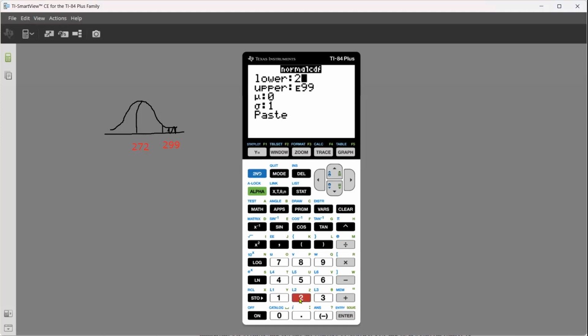Lower is 2.43, my upper is positive infinity, my mu is 0, my standard deviation is 1, and I'm gonna paste it. And I end up with 0.0075 for my answer.